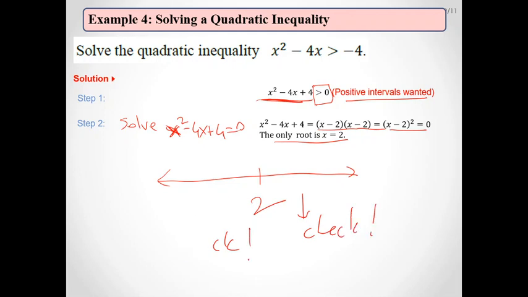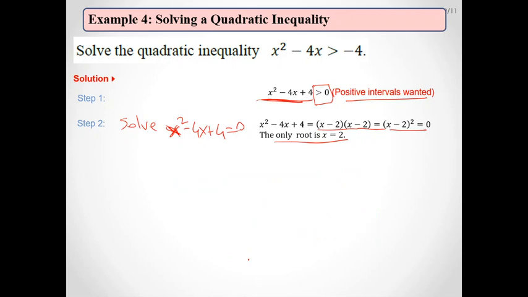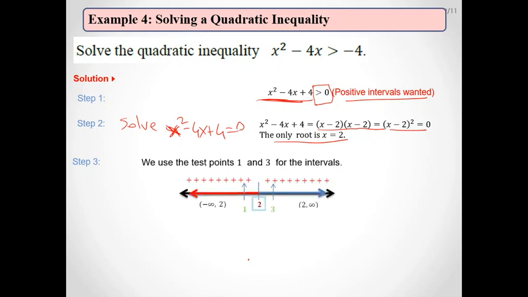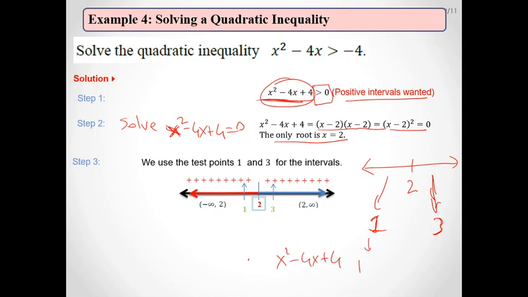Okay, test the sign of the polynomial on these 2 intervals. So we can use 1 and 3. First draw it, put 2 here, and take 1 here, and take 3 here. So you put them here. It's 1 squared minus 4 times 1 plus 4.